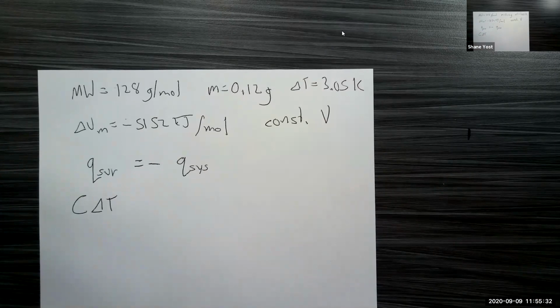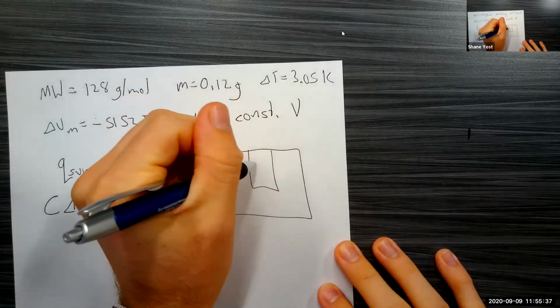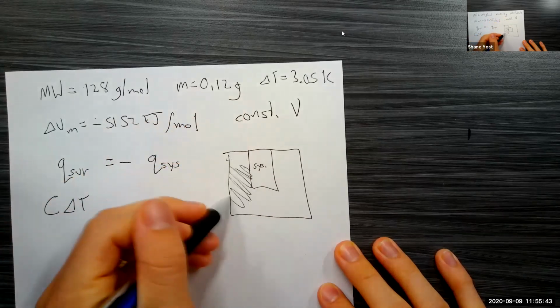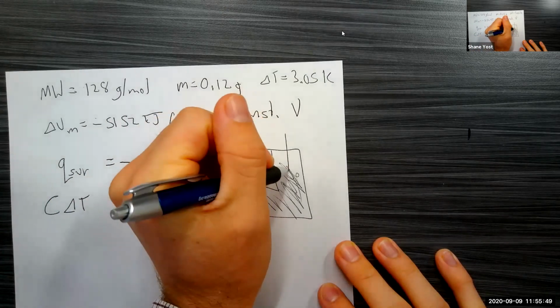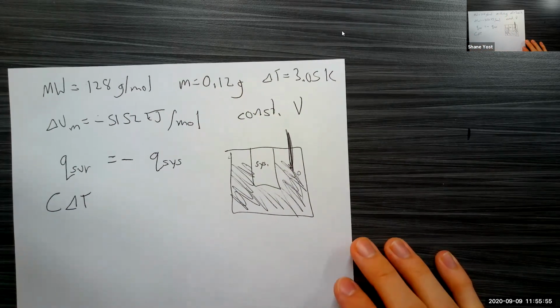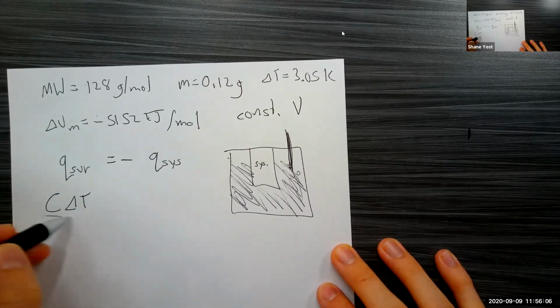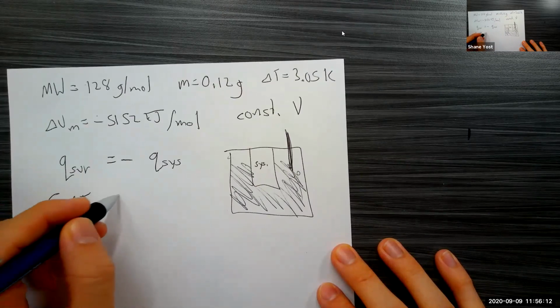A bomb calorimeter will have some reaction container, where my system is and where my reaction takes place, and then there's a water bath around that system with a thermometer stuck in to measure the temperature of that water. So the heat that's absorbed or given off is related to the heat capacity of that calorimeter times the change in temperature of the water bath in this example.